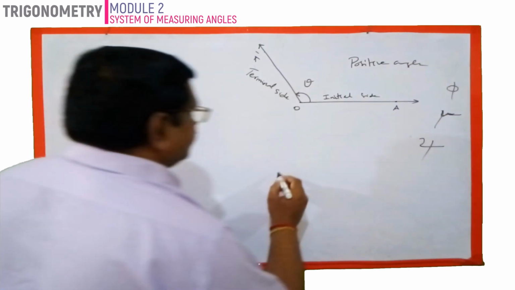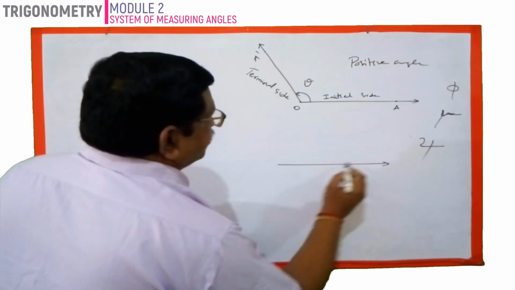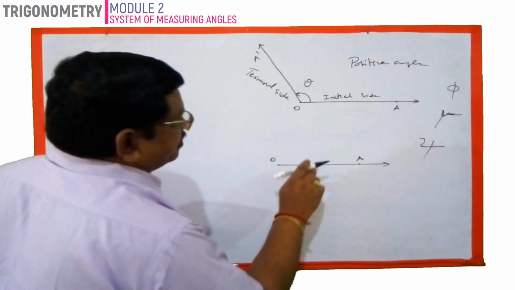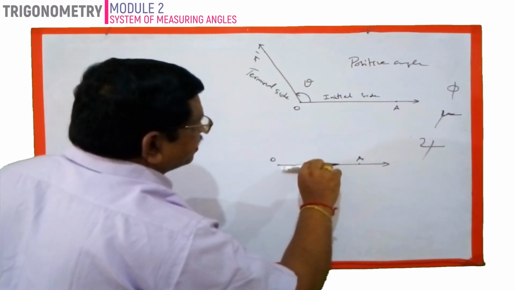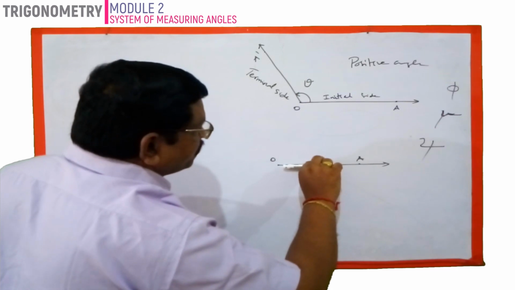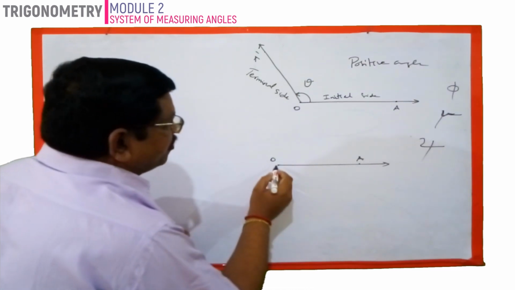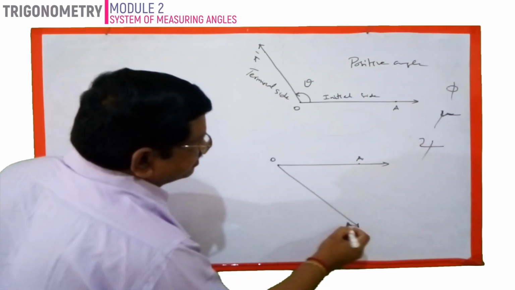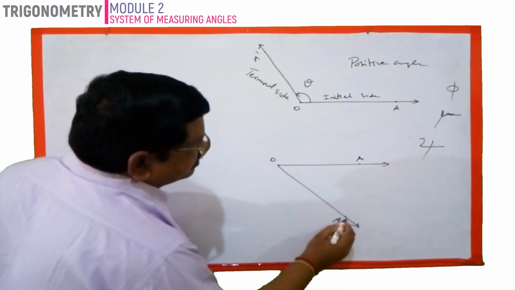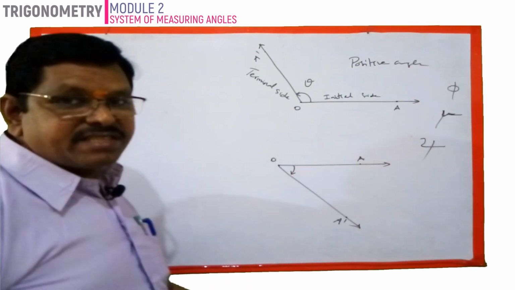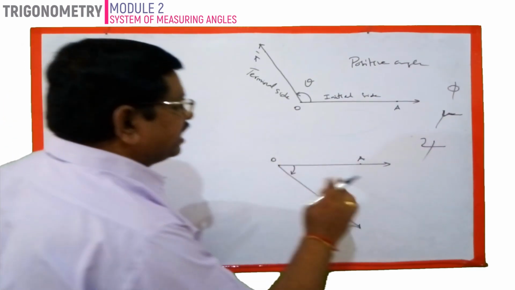Next, suppose the terminal side from the initial side makes the rotation in the clockwise direction like this, then it will make an angle or inclination, and we call that inclination from the initial side to the terminal side the negative angle.